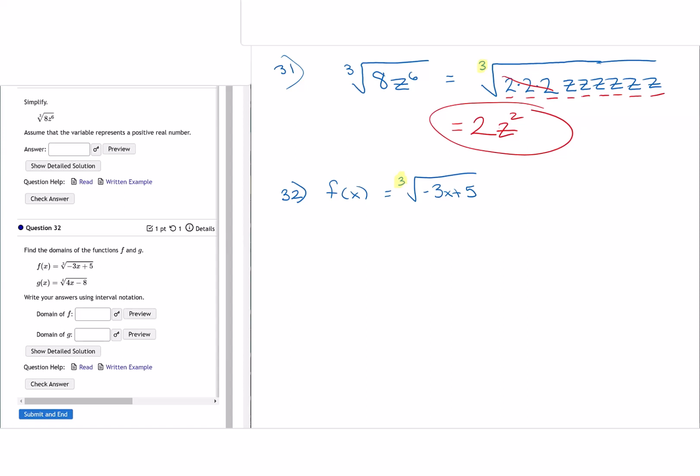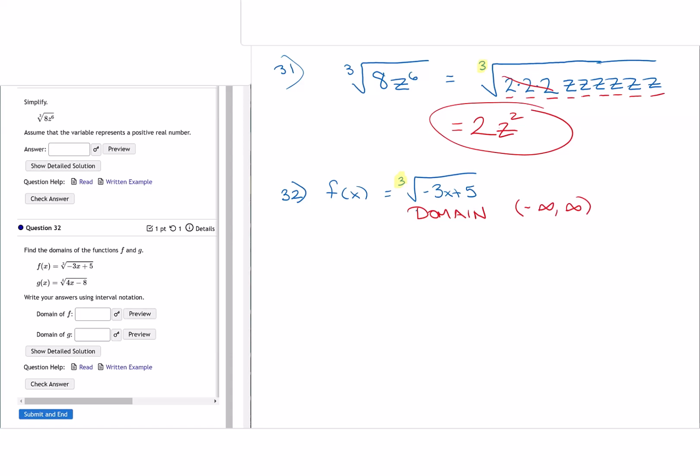That means my domain is all real numbers. Negative infinity to positive infinity.